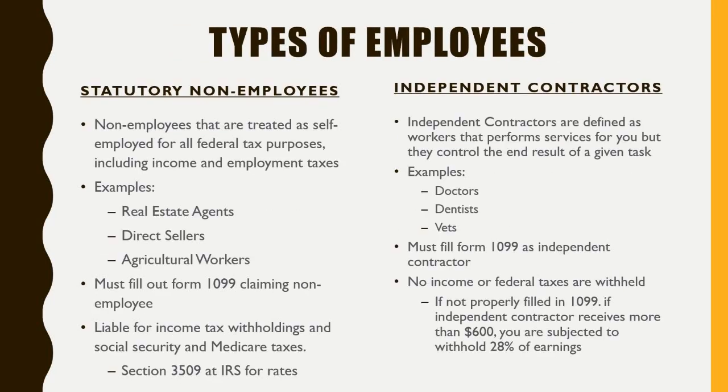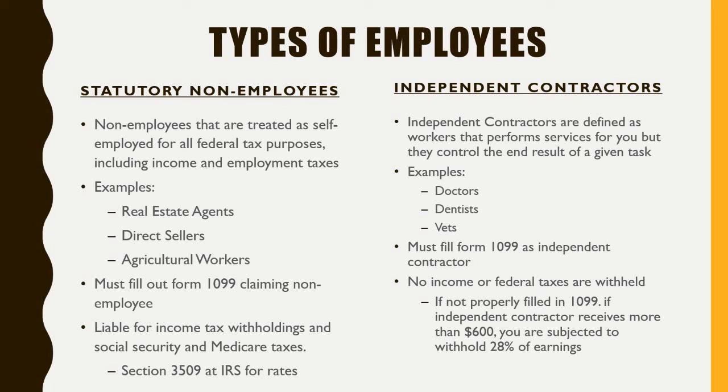Good. All right, so let's talk about the other types of workers. We're going to talk about statutory non-employees, and we're going to talk about your independent contractors. Statutory non-employees are where your real estate agents come from. Now, what determines a statutory non-employee?